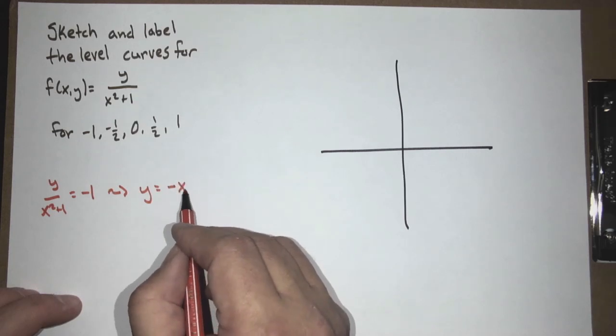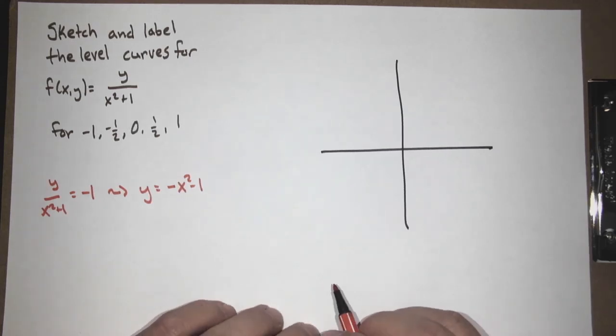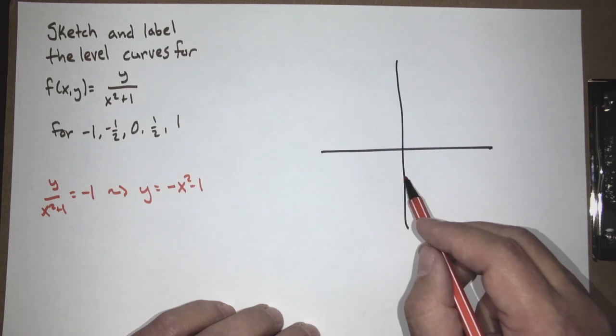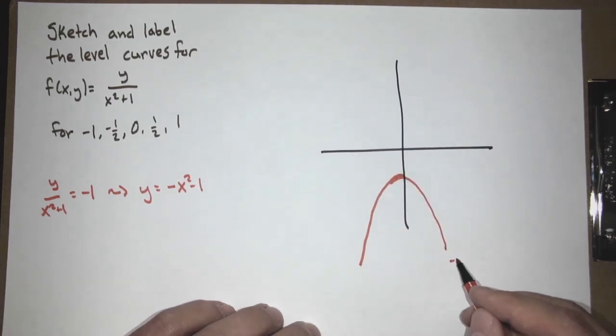This is y equals minus x squared minus 1. What does that look like? A parabola. Upside down, right side up, left, right? Yeah, it's upside down, shifted down. So this is -1.